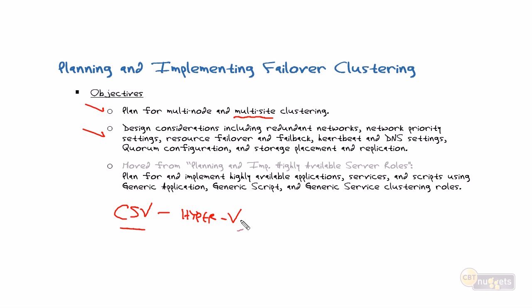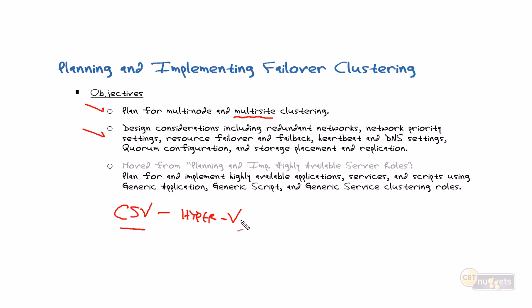Well, CSV now brings some of the same improvements that it brought for Hyper-V to many of the other roles. I would be firmly cognizant of what CSV's capabilities are now in Server 2012. I'd understand when you would implement it, and why you would implement it, and the fact that it just exists and it's a nice thing.